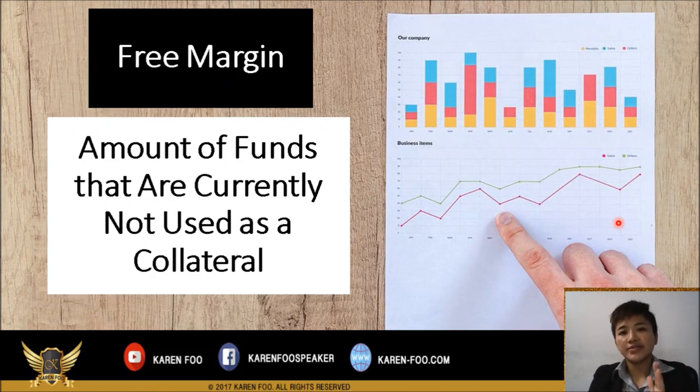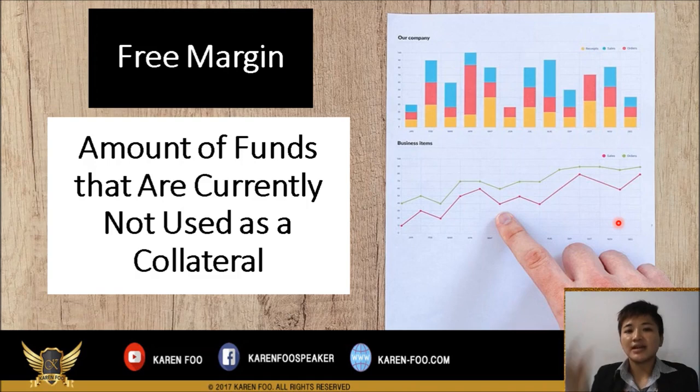So there are many different types of margins if you look at your trading platform. The first one is the free margin, meaning the amount of funds in your current account that are currently not used as collateral. Let's say you have an open trade right now. You have a part of money that is used as collateral and another part that's not used.